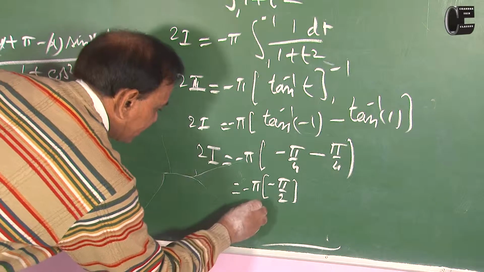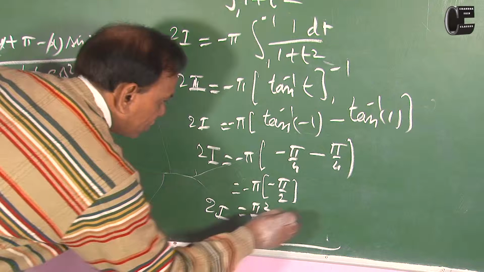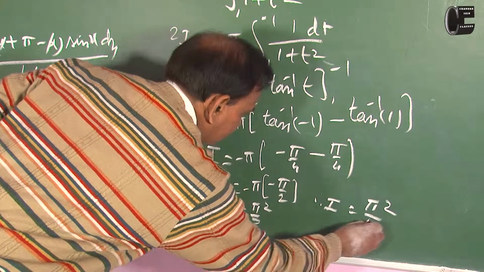Minus into minus, plus pi square by 2. Therefore I equals pi square by 4.